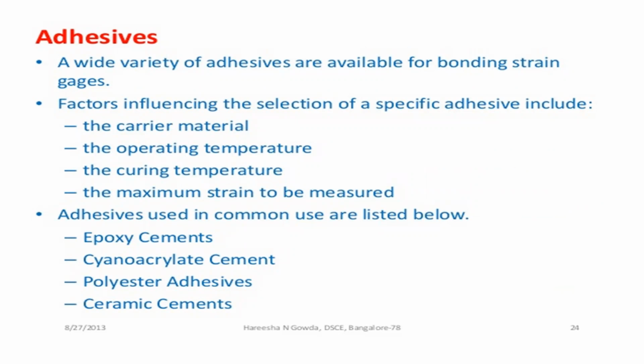What are the adhesives? A wide variety of adhesives are available for bonding strain gauges. Factors influencing the selection of a specific adhesive include the carrier material, the operating temperature, the curing temperature, and the maximum strain to be measured. These are the different factors influencing the selection of a specific adhesive in the strain gauge.